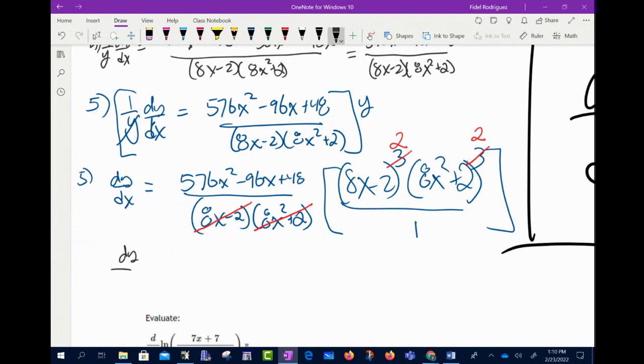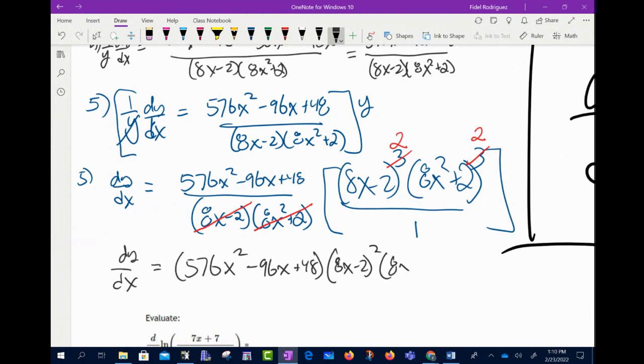Now look what we have. dy/dx equals all that funky stuff, 576x squared minus 96x plus 48, times 8x minus 2 squared and 8x squared plus 2 squared.